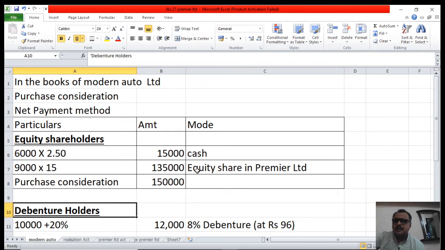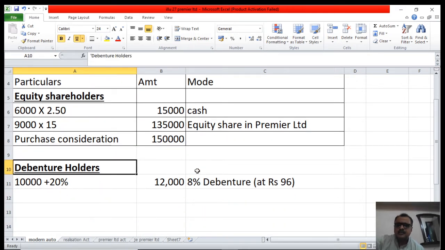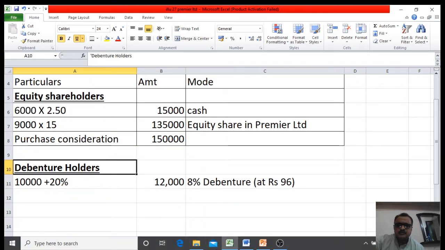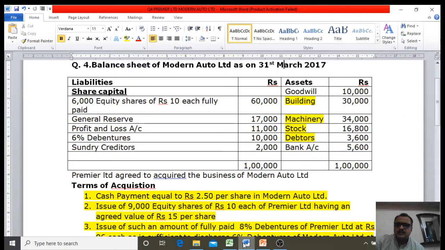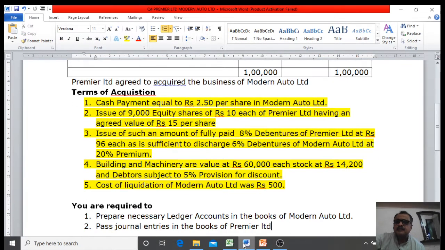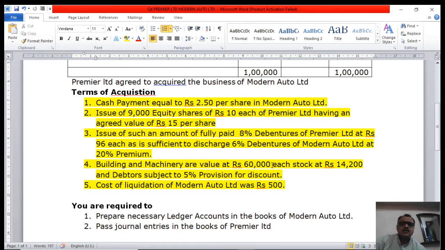Now we will see how the debenture holders are settled. Point number 3, issue of such an amount of fully paid 8% debentures of Premier Limited at rupees 96 each as is sufficient to discharge 6% debentures of Modern Auto Limited at 20% premium.